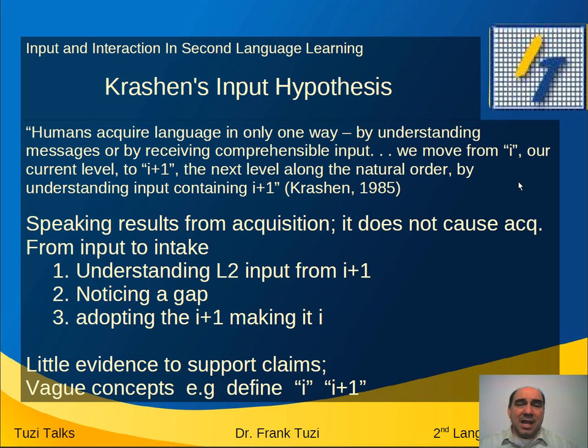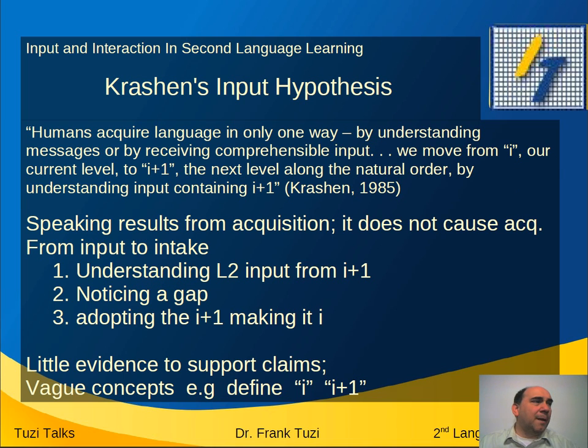There were also vague concepts, and these were people early on that were concerned. They made criticisms regarding that. I mean, how do you define what an appropriate level is, and what's I plus 1, what's a little more than what they need? And so there were some issues regarding it. There's also people who actually tried to implement his theories, and the results were less than satisfactory according to them. And you can go out and find articles related to them.